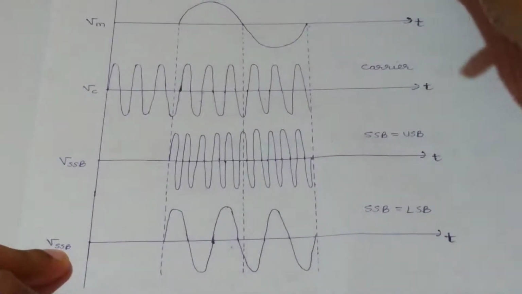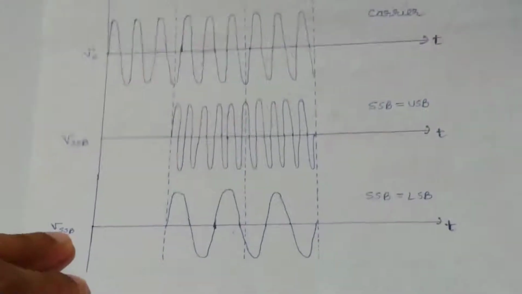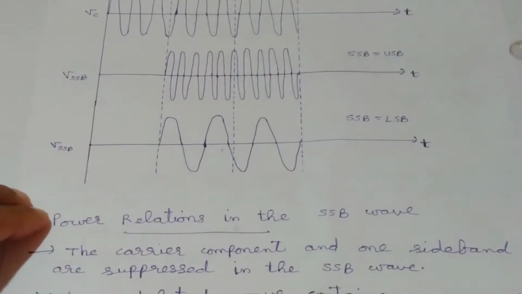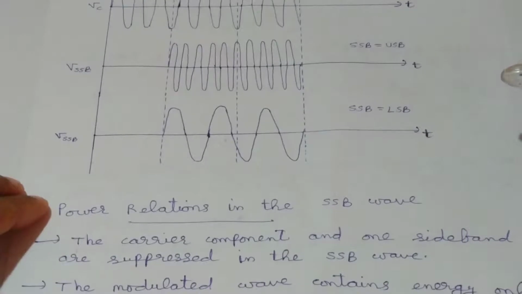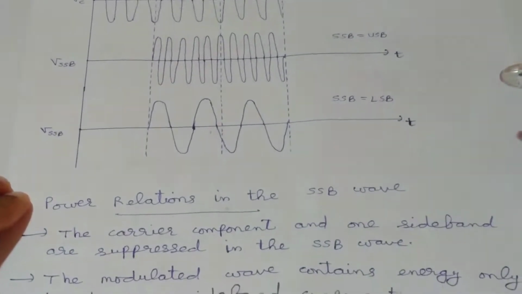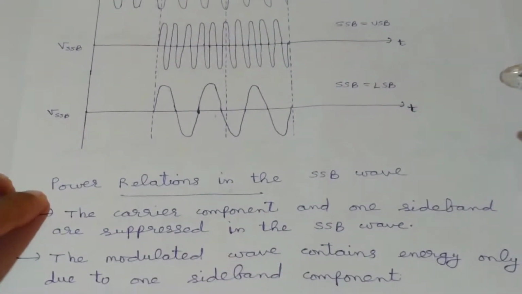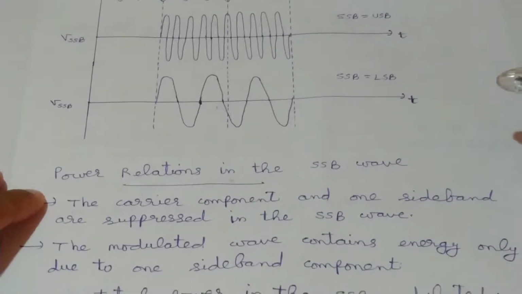Let's now consider the power relation in the single sideband wave. We know the carrier component and one sideband are suppressed in the single sideband wave. Hence, the modulated wave contains energy only due to one sideband component.